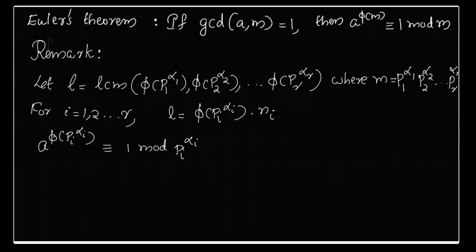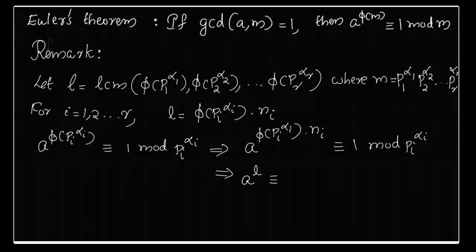Here, if we multiply Ni copies of this congruence relation, we will have A raised to phi of Pi raised to alpha I into Ni congruent to 1 modulo Pi raised to alpha I. That is, A raised to L congruent to 1 modulo Pi raised to alpha I for I varying from 1 to r.